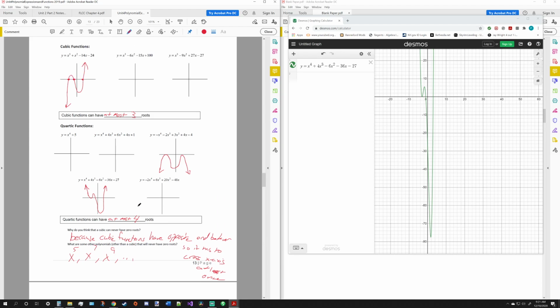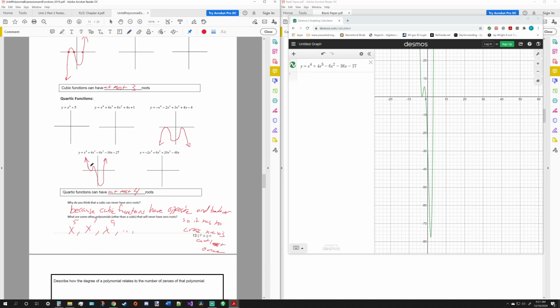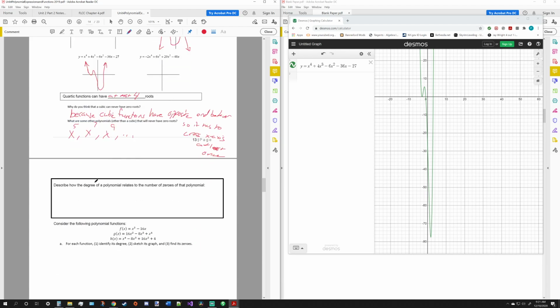So what was the pattern in terms of the maximum number of roots that we can have based on the degree of the polynomial? How does the degree and number of zeros relate to each other? A polynomial, actually hold on, let me reword that.